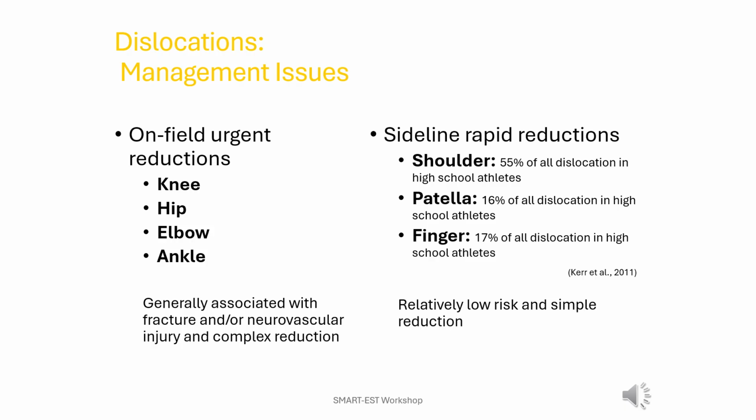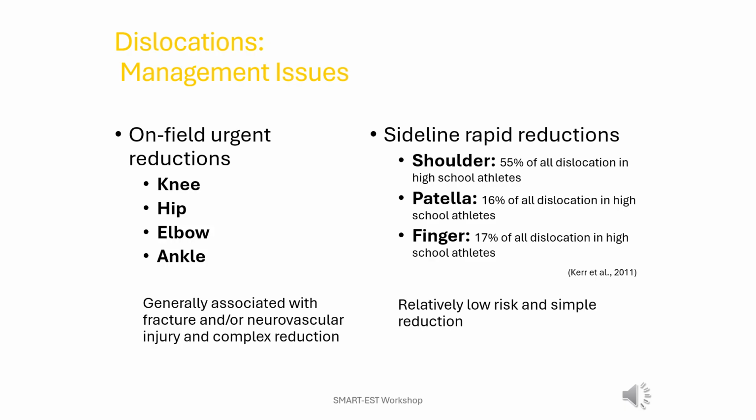So what are some of the issues with dislocation management? First of all, several require urgent reduction on the field. The knee, the hip, the elbow, and ankle. And these are generally associated with fractures and or neurovascular injury, and the reductions can be complicated.